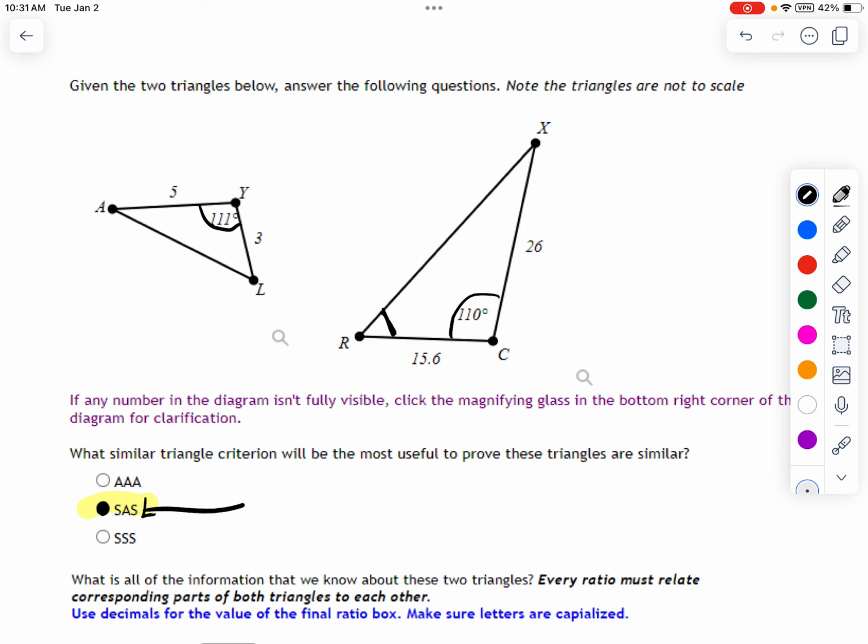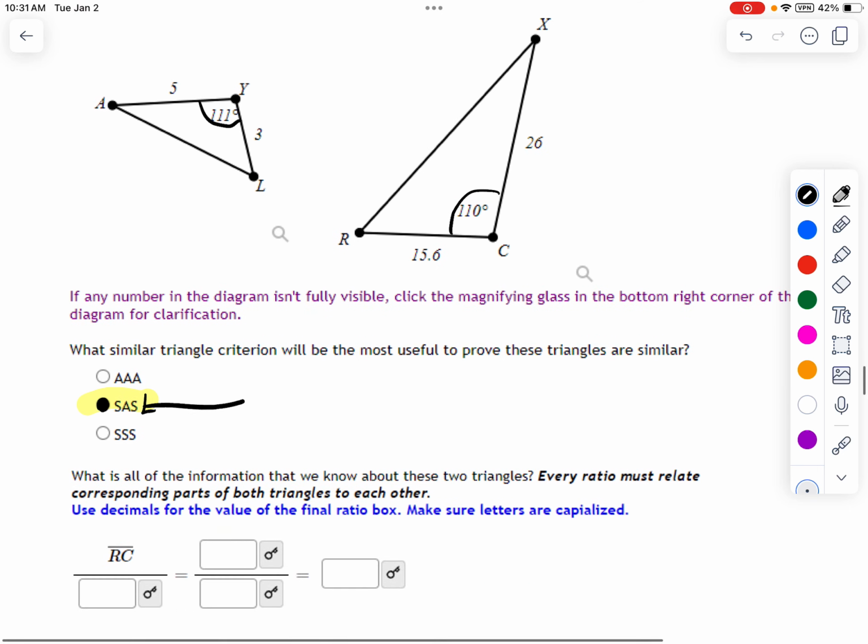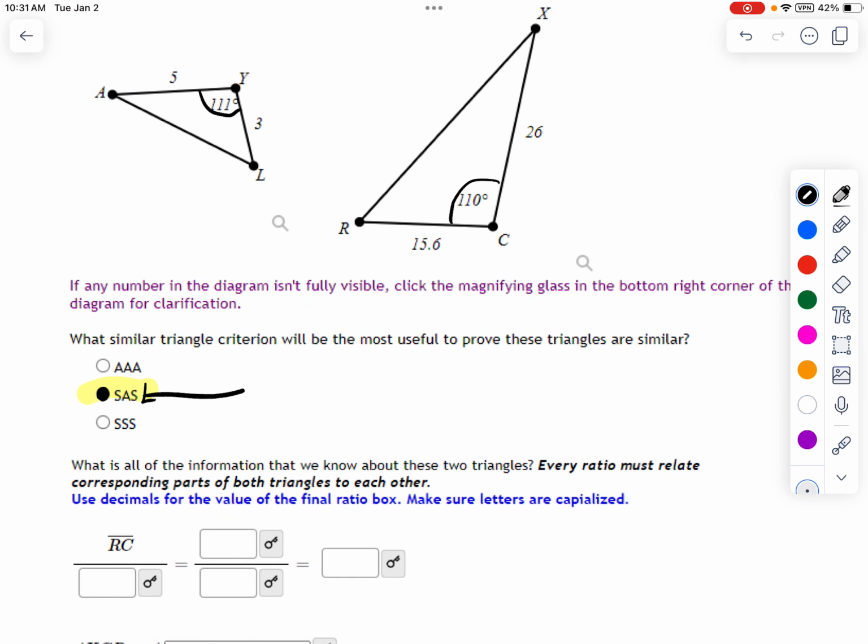Alrighty, so now that we know which criterion we're using, let's double check that we know what it means. Side-angle-side means that the angle must be the same, and then the sides must be proportional. Here we see an angle of 111 versus an angle of 110. Are those the same angle?